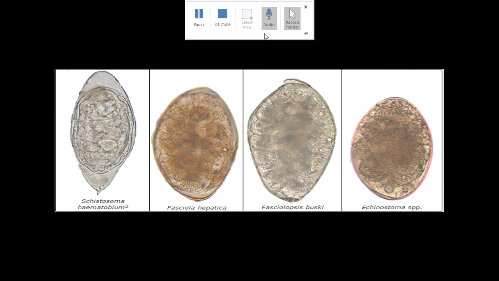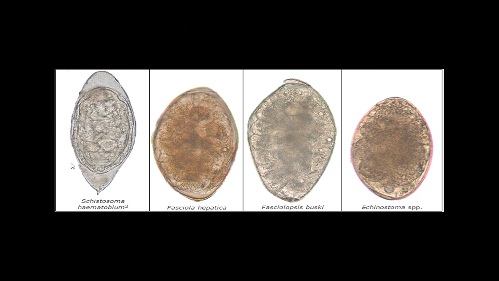Other worms that also are important and can be diagnosed by doing stool analysis. We said the Schistosoma haematobium. Here we talked about that, the one with the terminal spine. Fasciola hepatica, the egg is so large, it exceeds 140 micrometers in length.